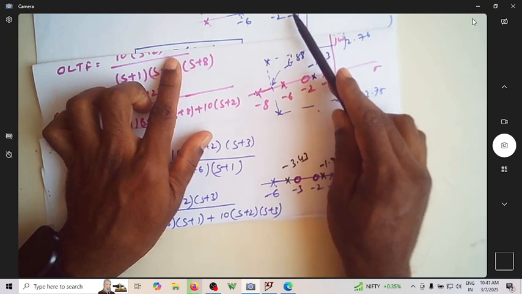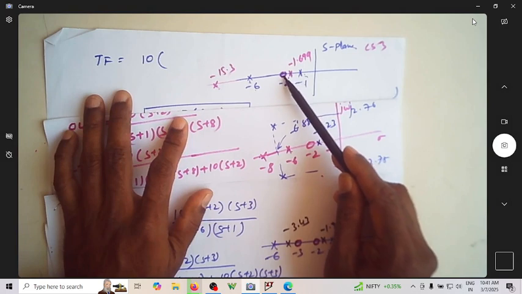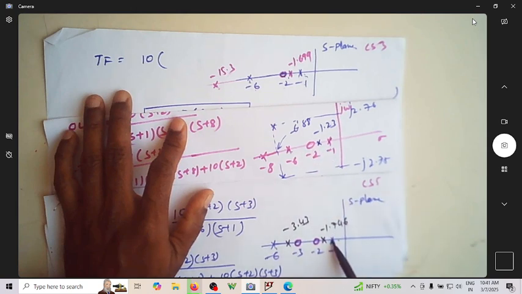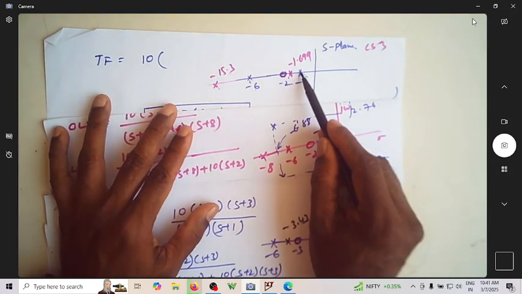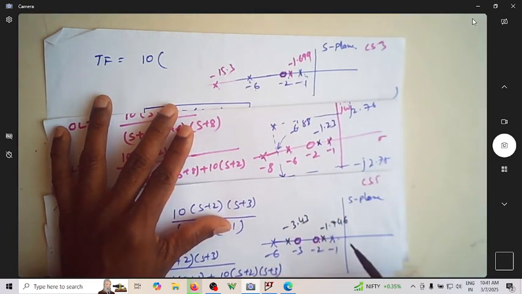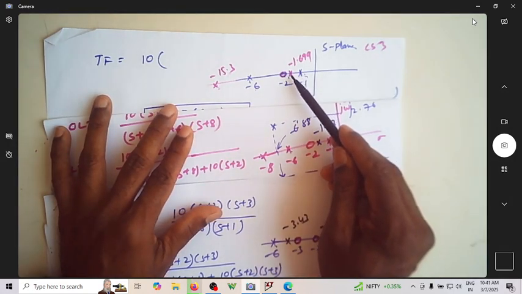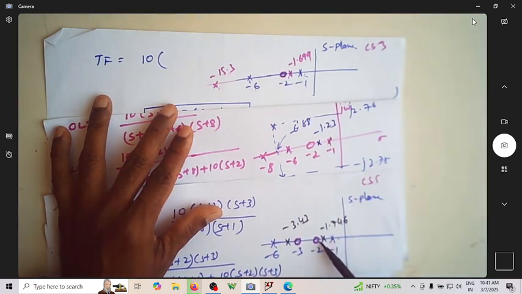When you close the loop without having any pole at 0, can you see this is moving closer to -2? Can you see this is also moving closer to -2? Meaning to say, this was the open loop pole position, -1, -1, -1, and it is going closer to this.